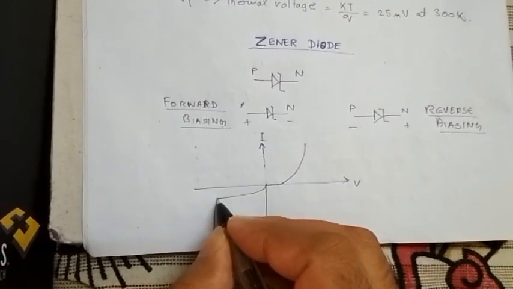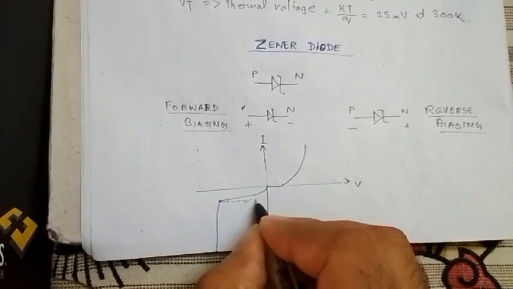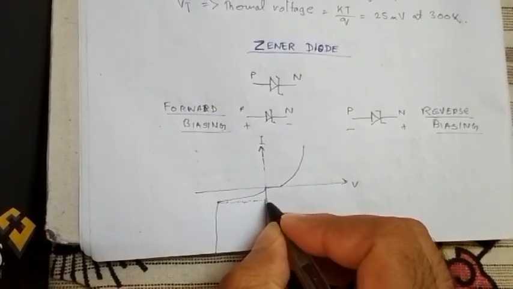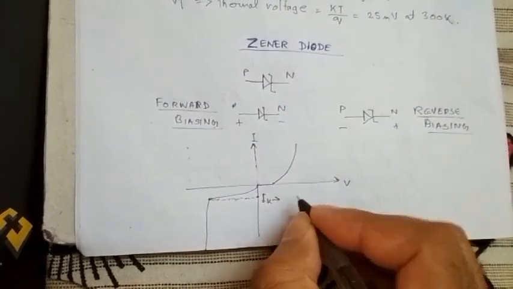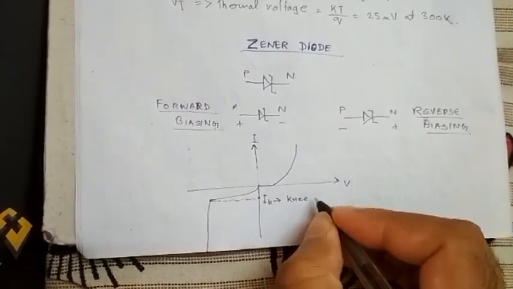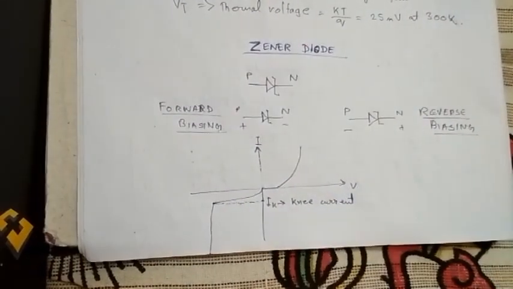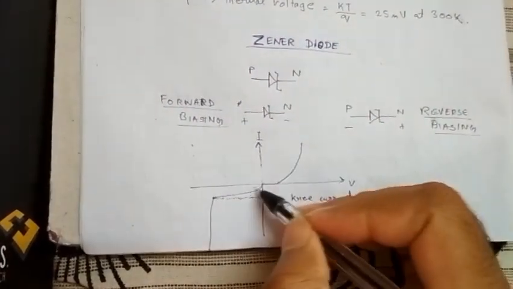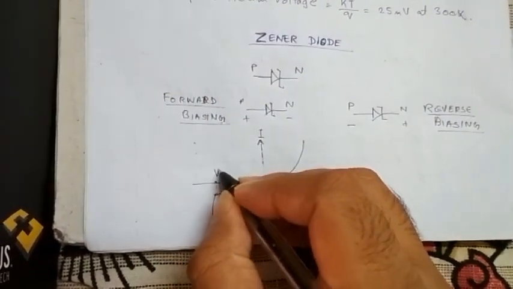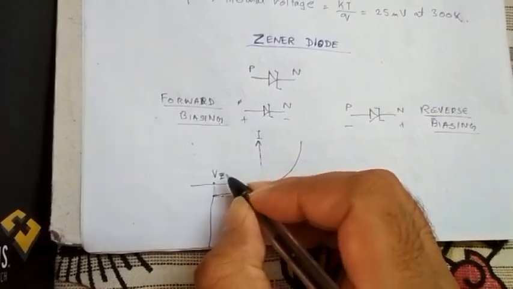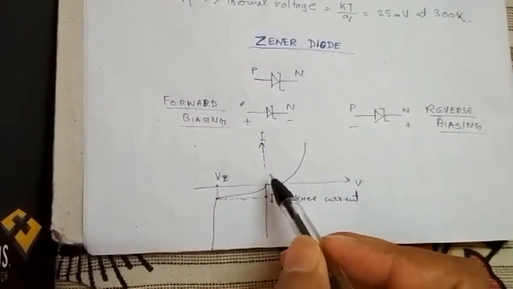And this point, if we take this point and draw a line parallel to the x-axis, at this point, this is called IK, or the knee current. And this point is called VZ, or the Zener breakdown voltage.